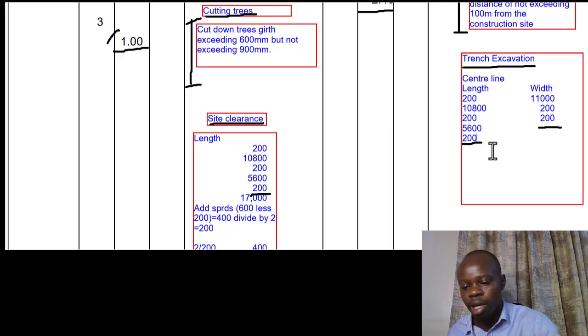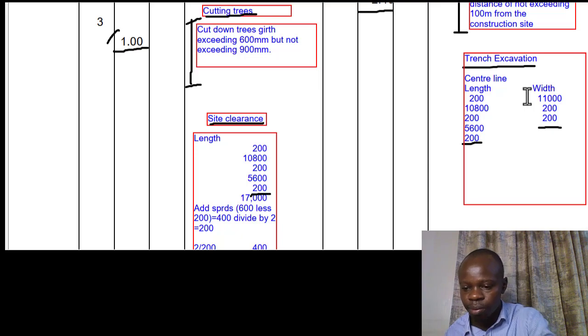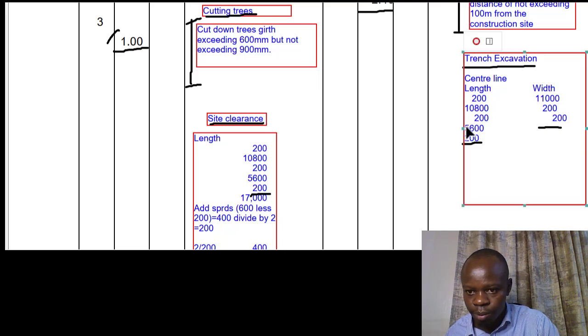So when we add these two, 200 plus 10,800, okay, just make sure you arrange them properly.